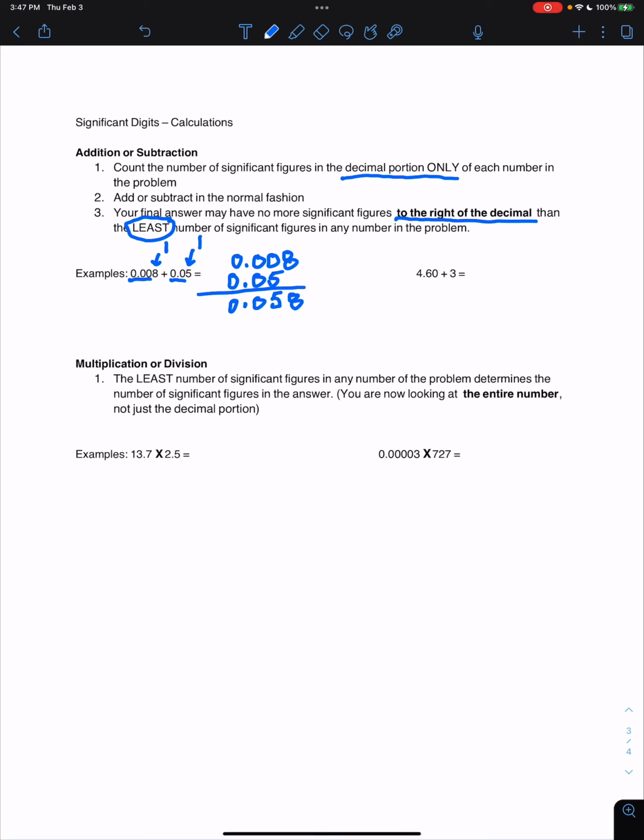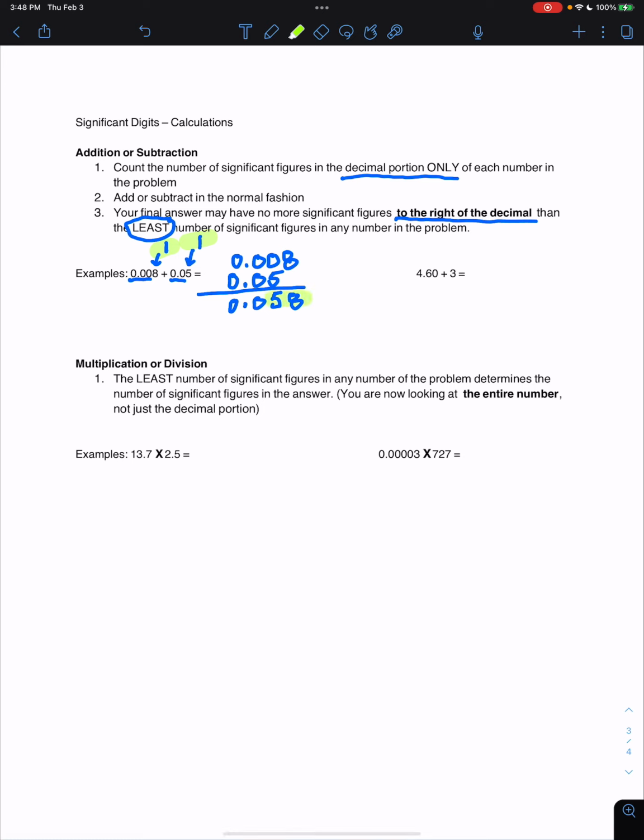Now comes step 3. For our final answer, we can have no more significant figures to the right of the decimal than the least number of significant figures. So our answer has to have one significant figure because the starting numbers have one significant figure.